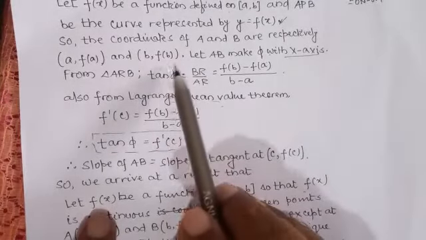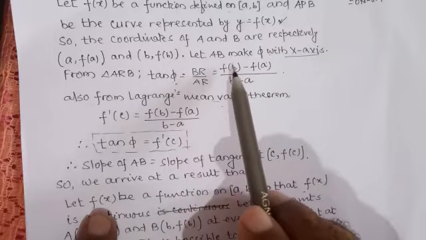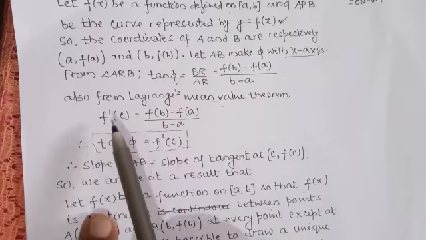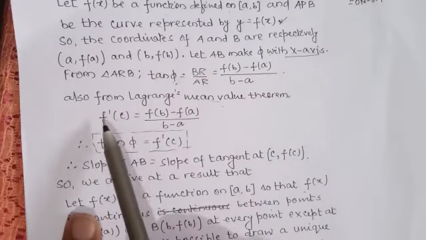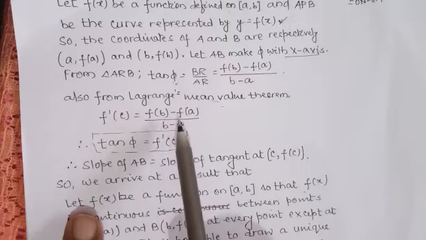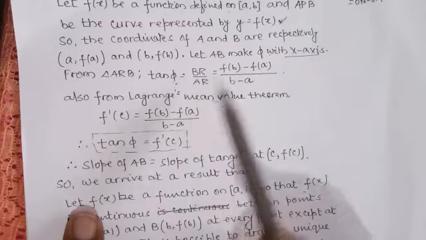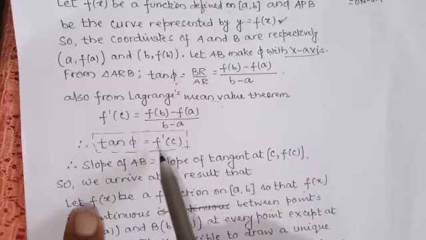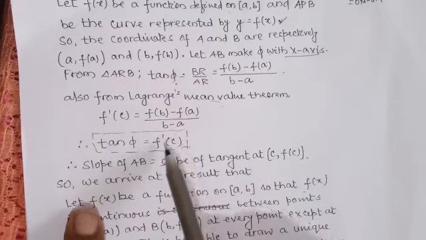So here we have obtained tan phi is equal to f(b) minus f(a) upon b minus a, and from Lagrange's theorem we have seen that f dash c is equal to f(b) minus f(a) upon b minus a. So both values are equal, which means tan phi should equal f dash c, that is, the differentiation of f(c).